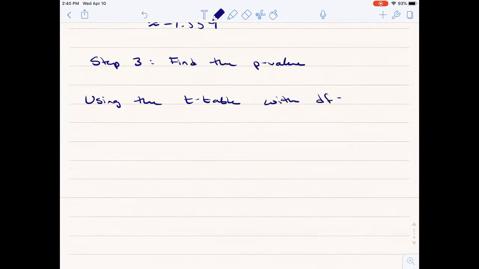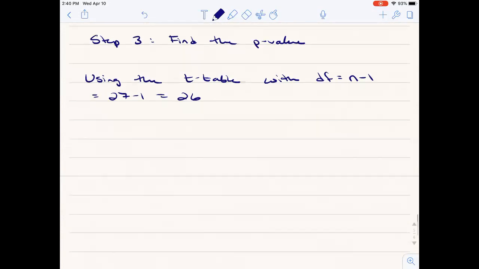With degrees of freedom equal to n minus 1. Our sample size is 27, minus 1 is 26. So we go to the table, and if we find 26, that's great. If not, then we have to round down, right? But we're going to have the 26 line, so we're a-okay.